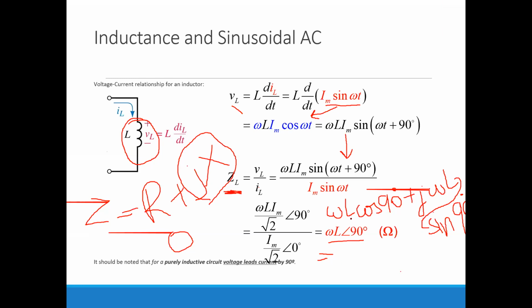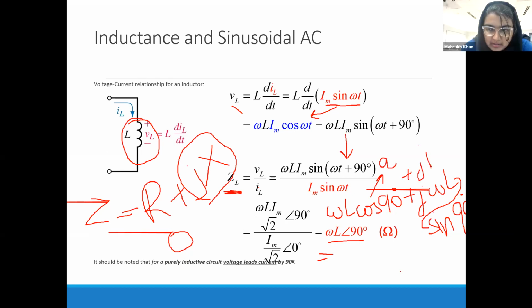Where it says omega L cosine 90, should it also be multiplied by J? Yeah, that's a good question. So this is your A and this is your JB, from the equation before. Okay, thank you.